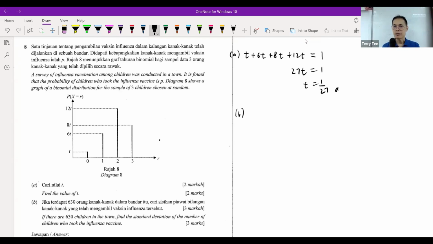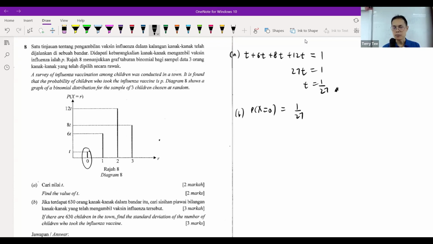Before you find the standard deviation, you need to know your P. A P value you can find from taking either this or that. So maybe you take P(X = 0), which has a value of T, which is 1 over 27.